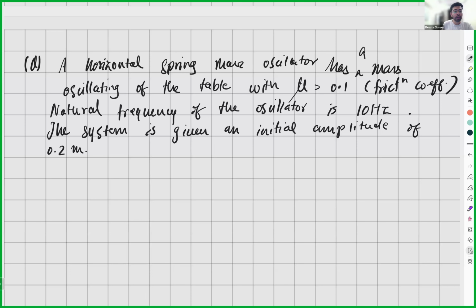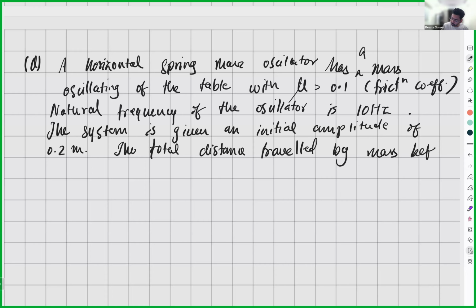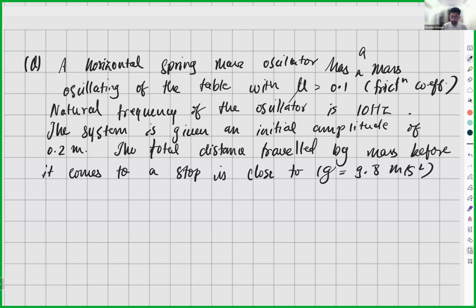Find the total distance traveled by the mass before it comes to a stop. You have to assume g as 9.8 meter per second square.